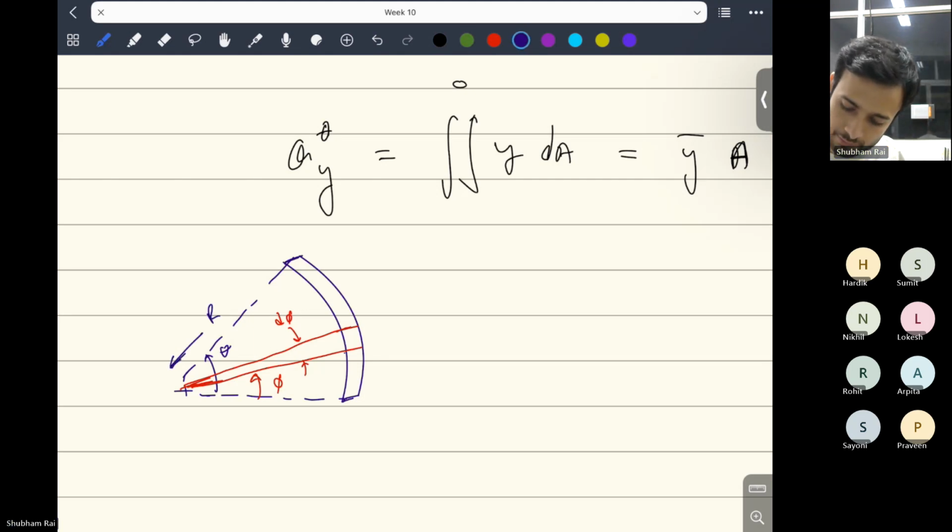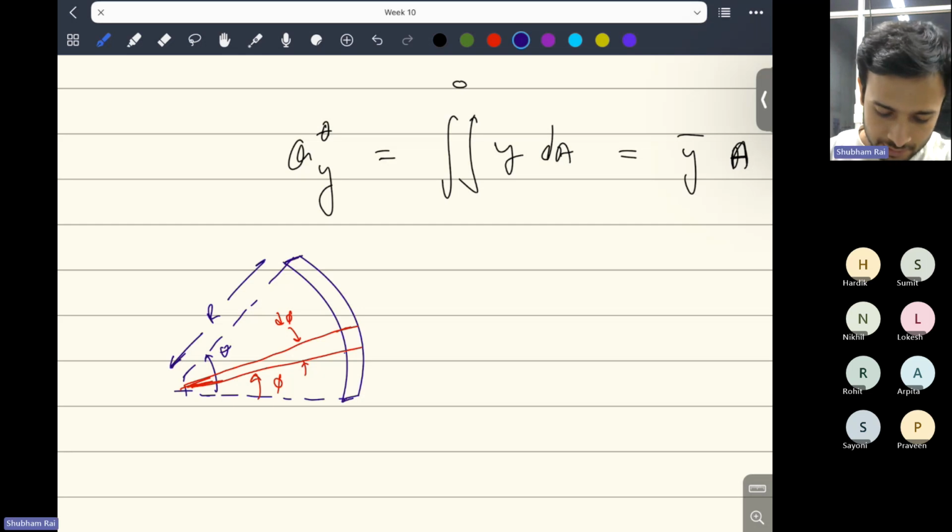If this is radius, then you can find this distance here. This distance here will be r sine phi, because this is radius, then this distance from here to here will also be radius, and this angle is phi. So this will be r sine phi.